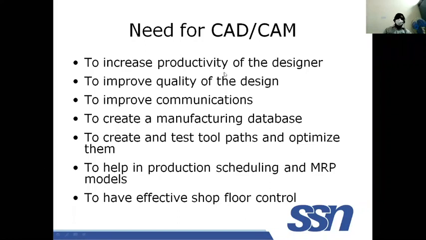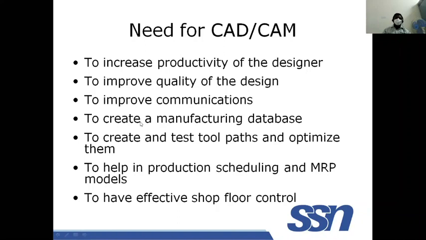So it increases the productivity of the designer or of the industry. CAD CAM is also used to improve the quality of the design and to improve communication among the departments. In an industry, there may be n number of departments, and communication among them is effectively possible by involving CAD CAM technology.